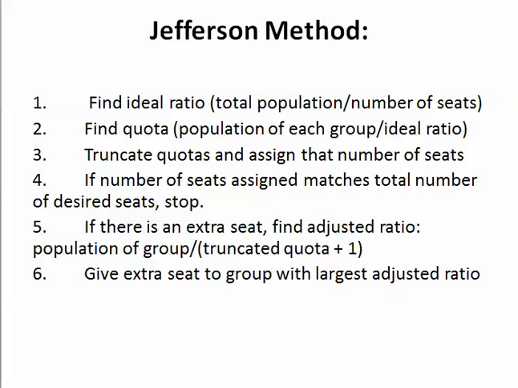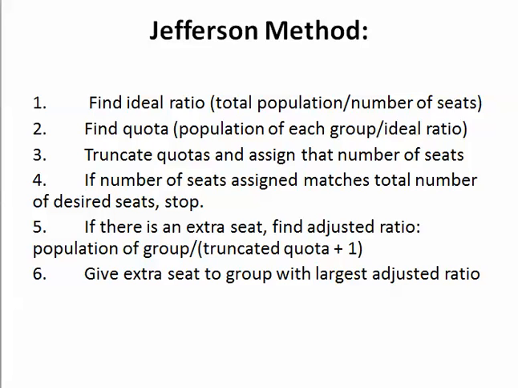We add up all the number of seats and see if that matches the number of seats we have available. If it does, great, we're done with the problem. However, often what happens is that there are extra seats available that still need to be assigned. Therefore, we'll need to find the adjusted quota, or the adjusted ratio.